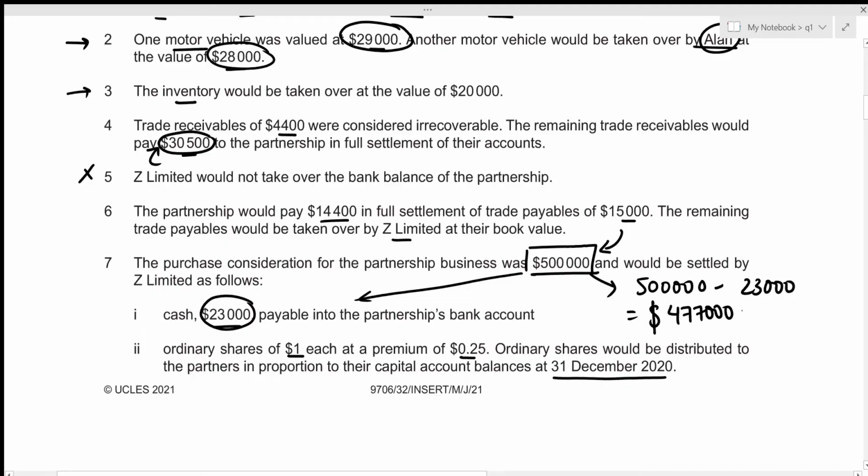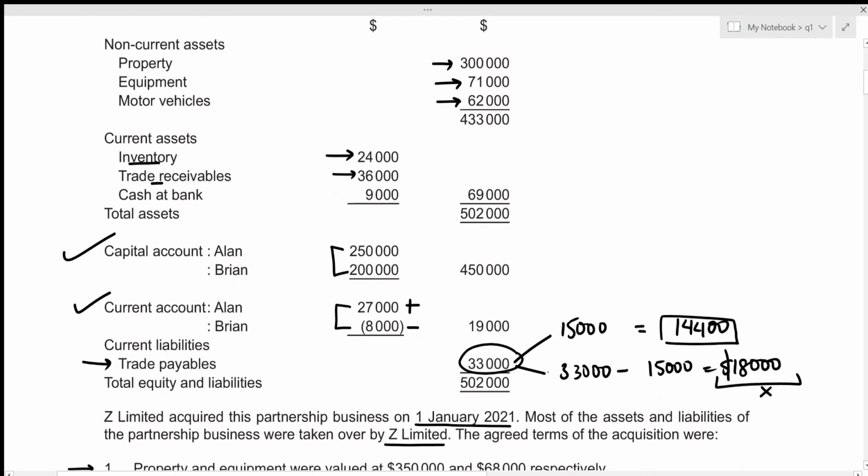And this value is to be distributed as ordinary shares of nominal value 1 and a premium of 0.25, right? And these ordinary shares would be distributed to the partners in proportion to their capital account balances. So let's have a look at the capital account balances. The total is 450,000, and out of 450,000, 250,000 belongs to Alan and 200,000 belongs to Brian. On this basis, we need to divide the amount of 477,000 in the form of share capital between the two partners.